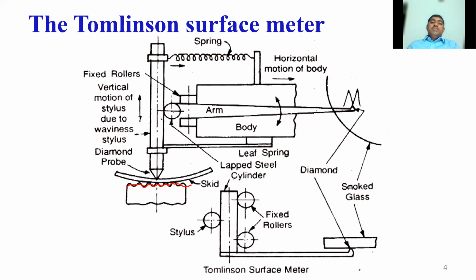This is the lapped steel cylinder, whose one side is supported by the probe, and there is a steel arm, whose one end is attached to the lapped cylinder, and the other end is provided on the smoked glass screen. The other end of the arm has the diamond stylus, and the magnified output is provided on the smoked glass screen.